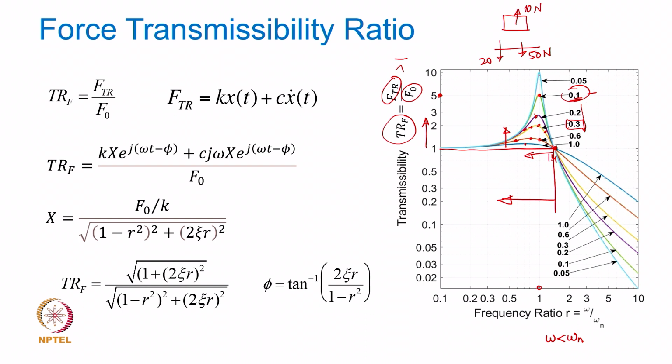But let us see what happens if this omega over omega n, what is this omega over omega n? It is the frequency ratio, excitation frequency ratio. If this is equal to 5, okay, what does that mean?